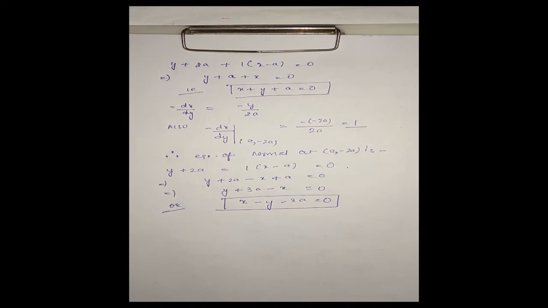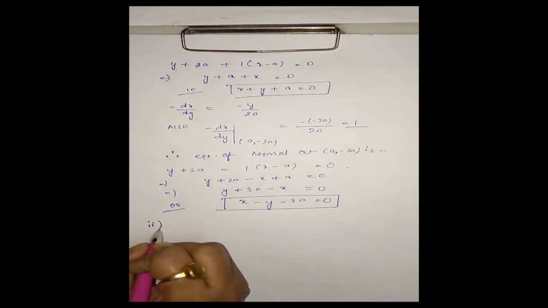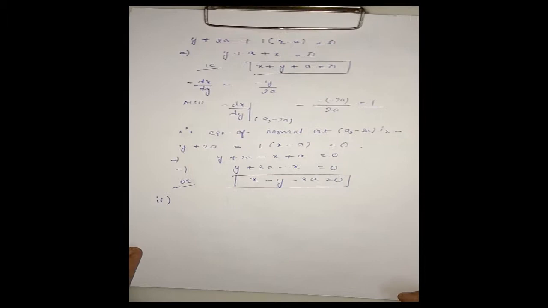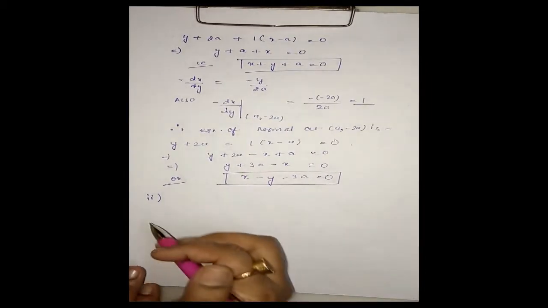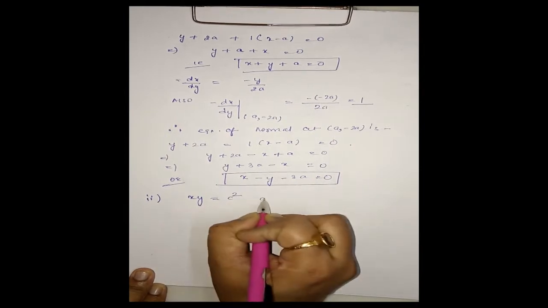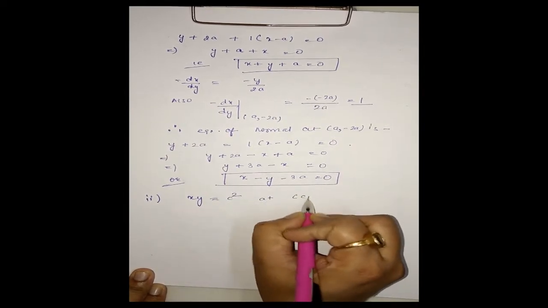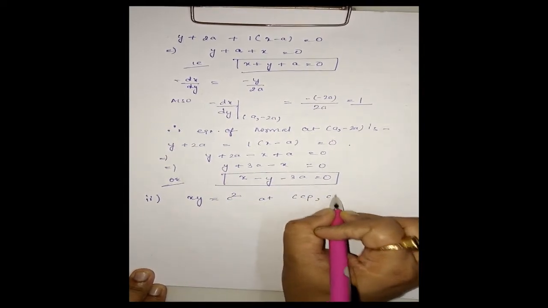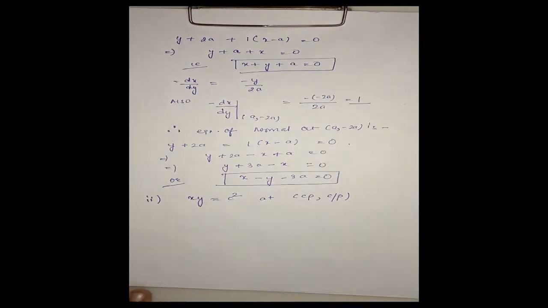Next, now consider the next curve. xy is equal to c square, and the point given to us is cp and c by p.